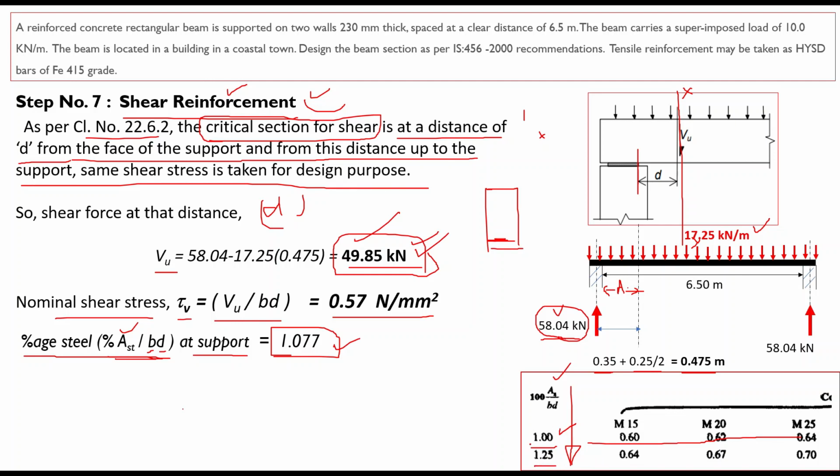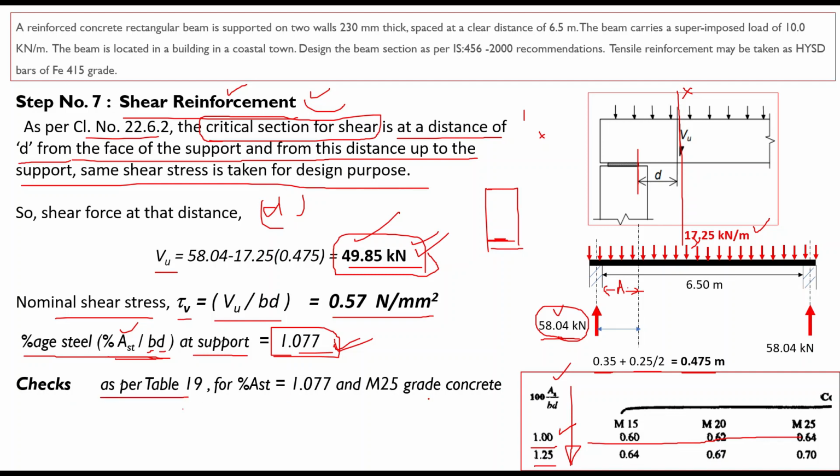So based on these two values, we can work out the shear stress taking capacity of concrete for 1.007 percentage of steel. So we can do the interpolation.